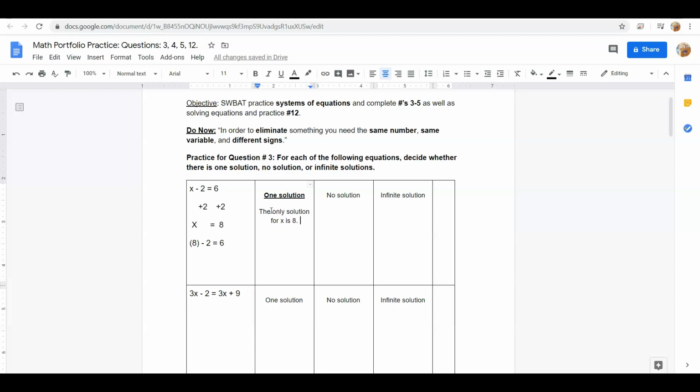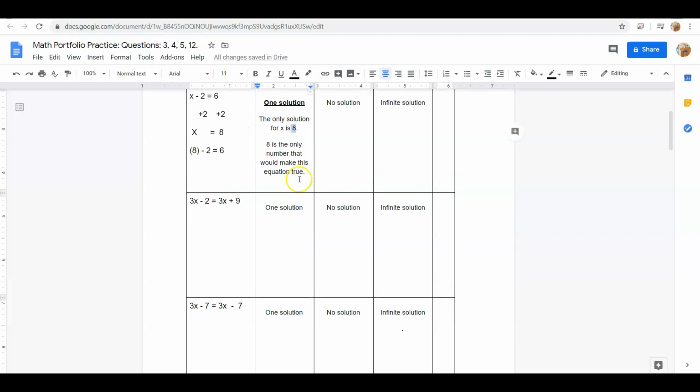If I was a student, I would think in my head and say 8 is the only number that would make this equation true. Just something simple. You could use my example, the type of sentences that I'm using here. You could use that same structure. You just want to use different wording, maybe different values, different answers, of course.